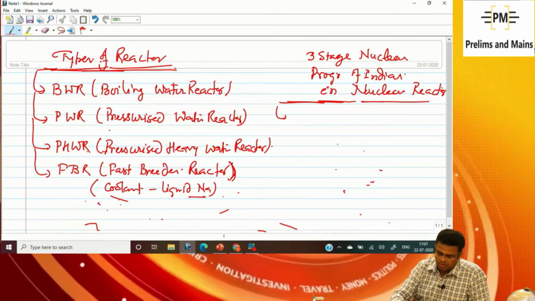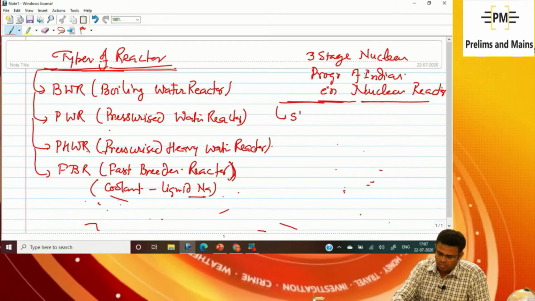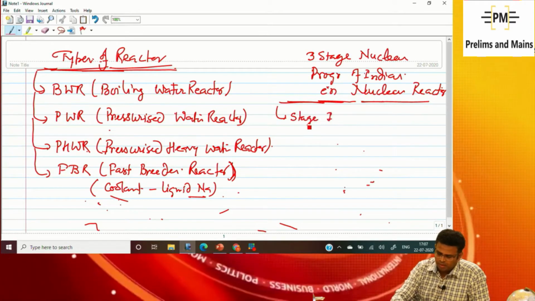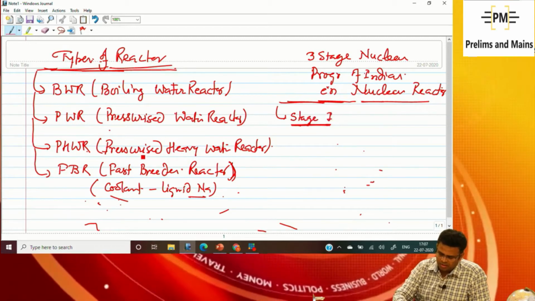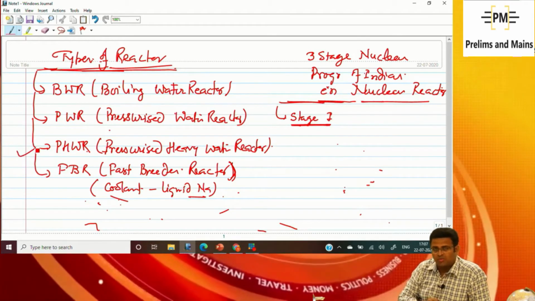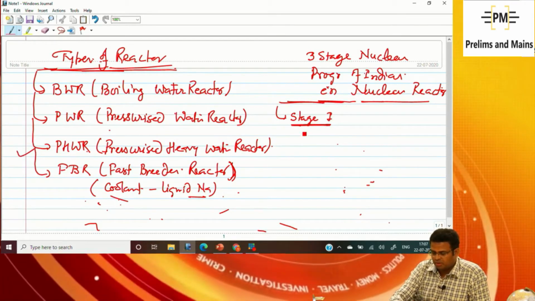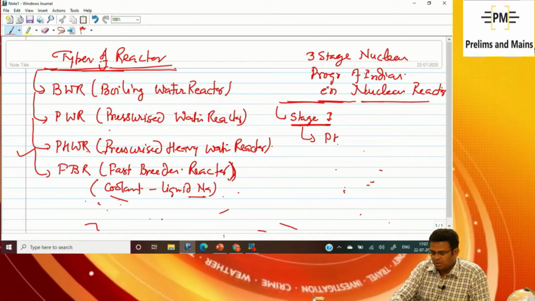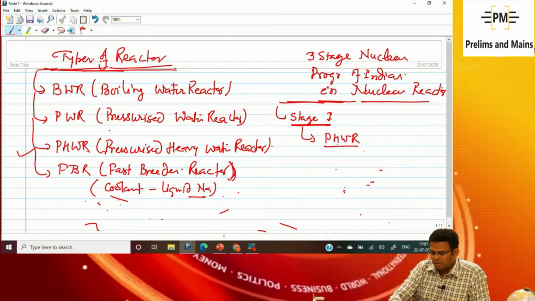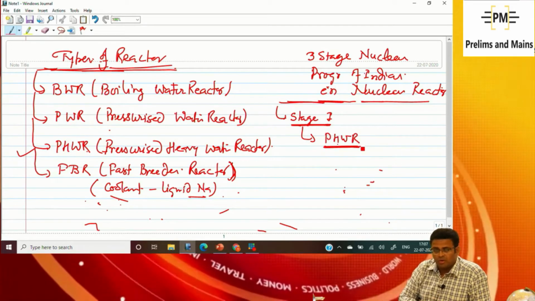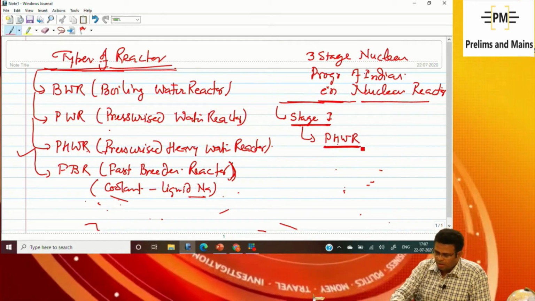Thereafter, if I am talking about stage 1 of India, it is the pressurized heavy water reactor, PHWR.